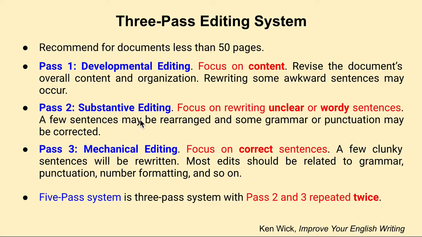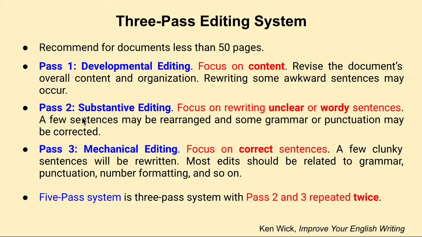If you're doing 2 passes of this, on pass 2, 80 to 90% should be focusing on unclear and wordy sentences. But on your third pass, maybe only 75% is really focused on rewriting unclear and wordy sentences, and you're starting to get down into the mechanical editing.